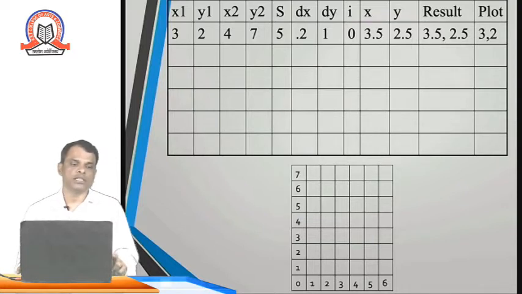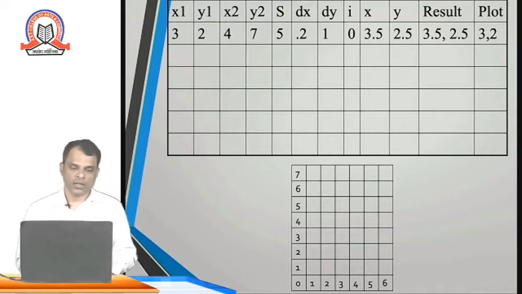Now the number of steps, S. How am I going to find the steps? I have to check first: y2 minus y1 is 5, and x2 minus x1 is 4 minus 3, that is 1. The bigger of 5 and 1 is 5, so that's the reason I consider steps as 5.